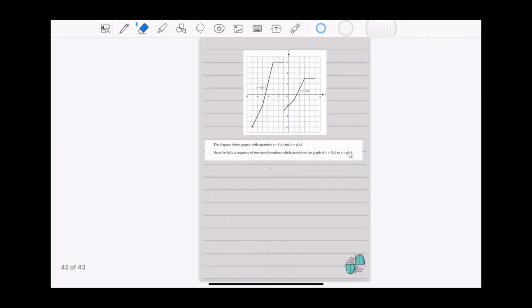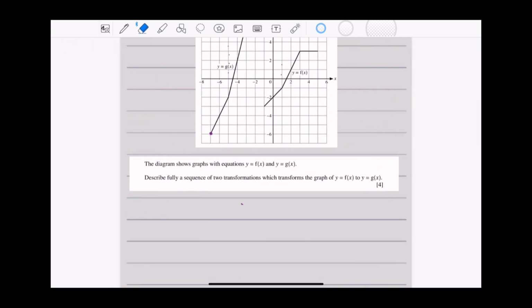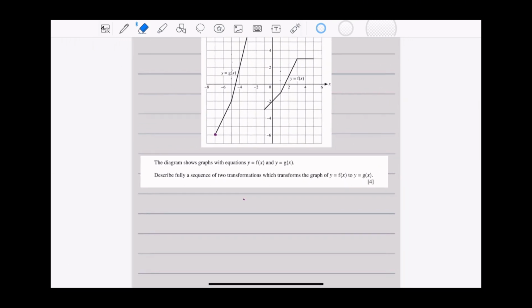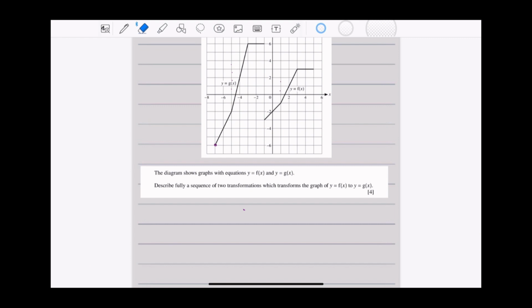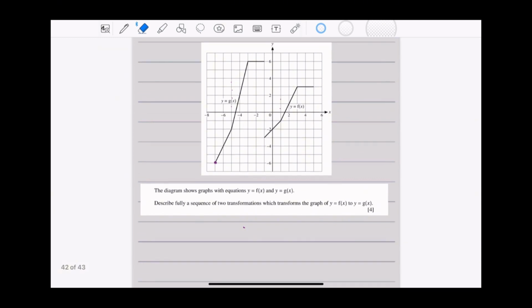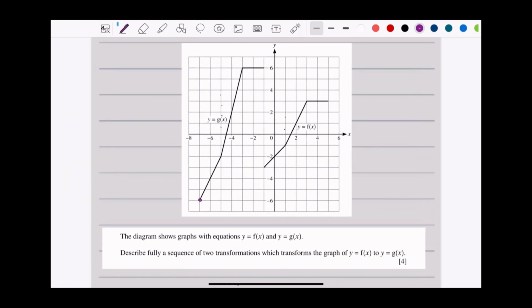So let's look at another question here. Now, the diagram shows the function, so we have to look for two transformations here only. Now, let's look for translation up and down first. So, looking at this coordinate and this coordinate.